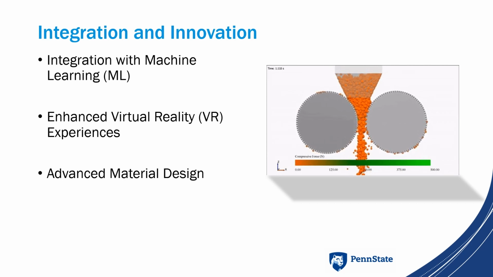This integration could lead to the development of predictive models that adapt and improve over time, enhancing our ability to forecast material behavior under previously untested conditions. For instance, machine learning could predict the outcomes of adding a new material to a composite or the impact of environmental changes on soil stability with unprecedented accuracy.